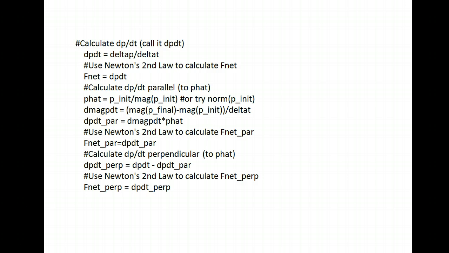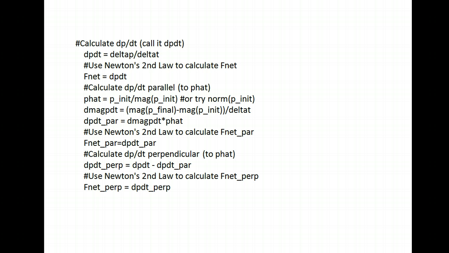We determine, using the original direction of the initial velocity, P hat, the direction of the initial momentum, dP/dt parallel and dP/dt perpendicular. And these are set equal to the F net parallel and F net perpendicular.